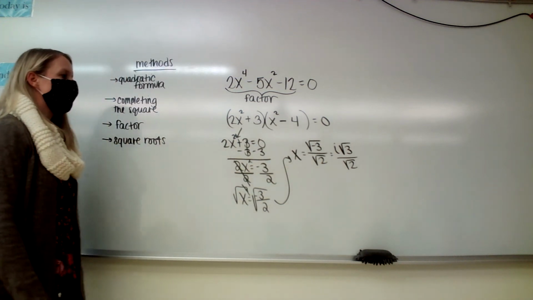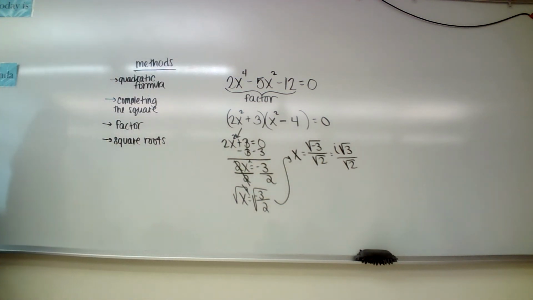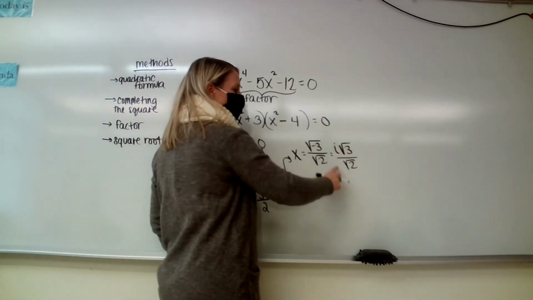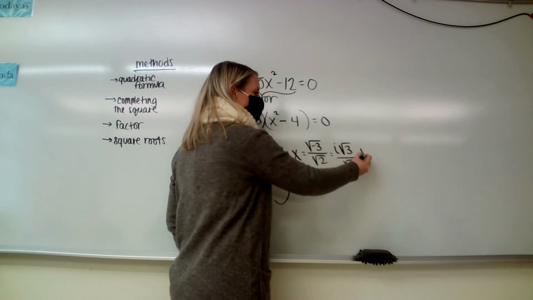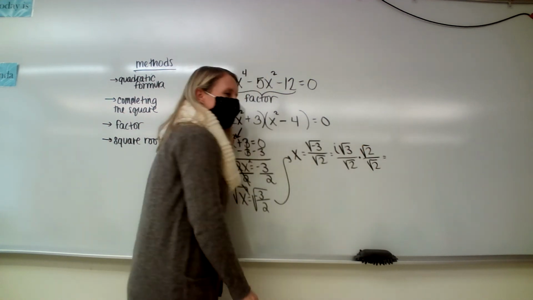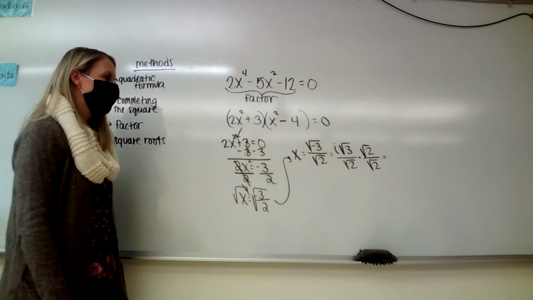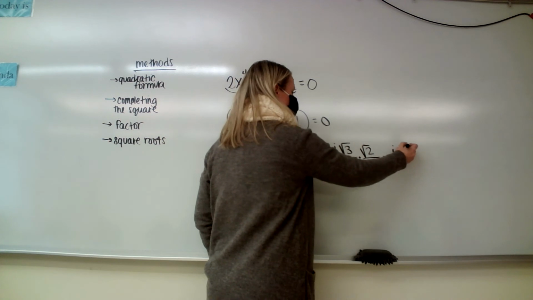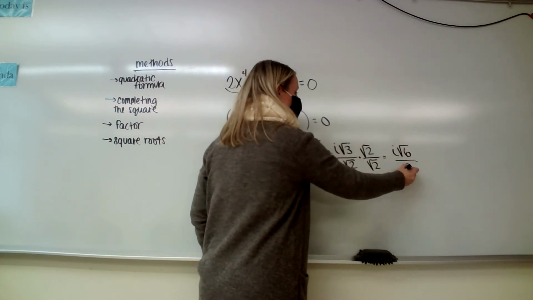And one of our big rules was we never leave radicals in denominators, just like we never leave i's in denominators because they represent a radical. So the way we deal with it is we take whatever is in the denominator and we multiply by that over itself. So technically we're multiplying by 1. It's just a fancy way to do it. And that would give me i root 6 over 2.